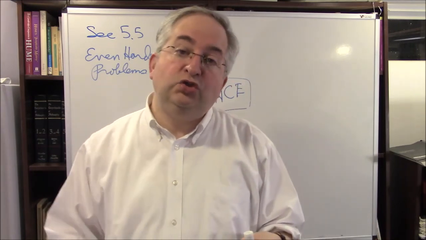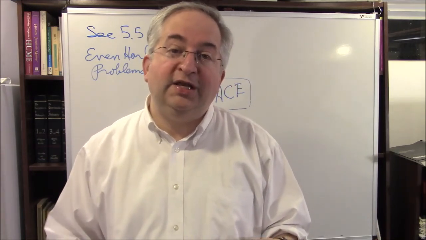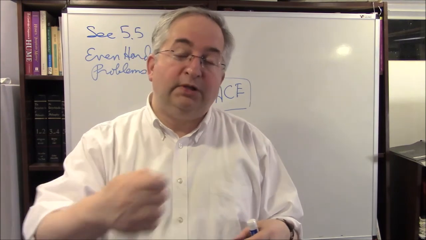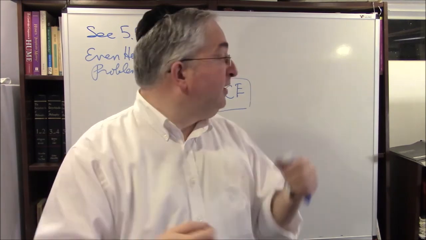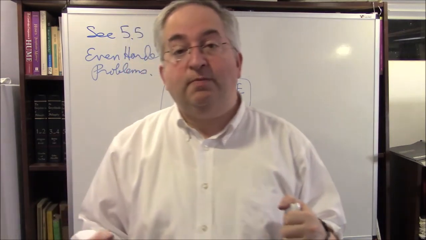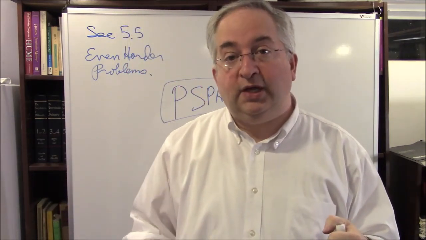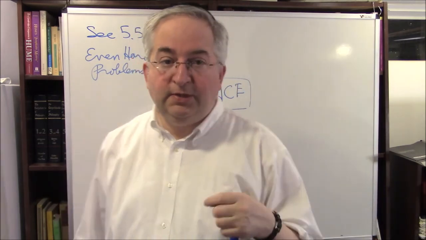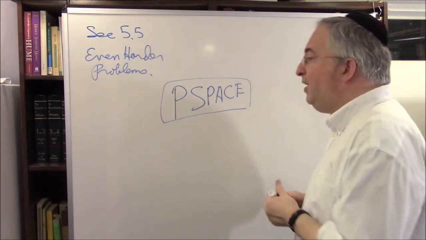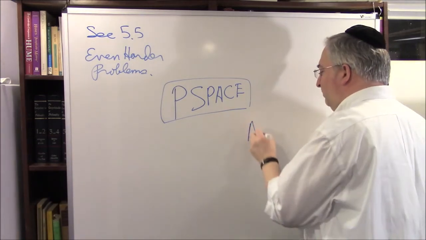Okay, and in order to do that properly, in order to play games, people playing against each other, it takes a tremendous amount of memory to do that. Okay, and that's why some of the games are P-space. P-space is even harder than P or NP.